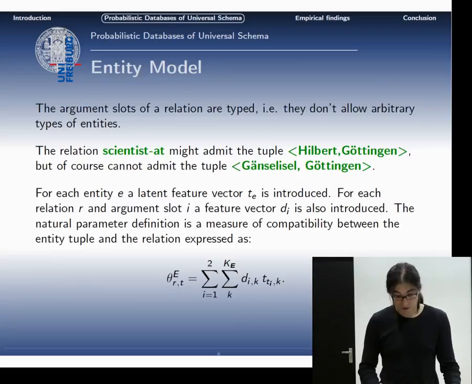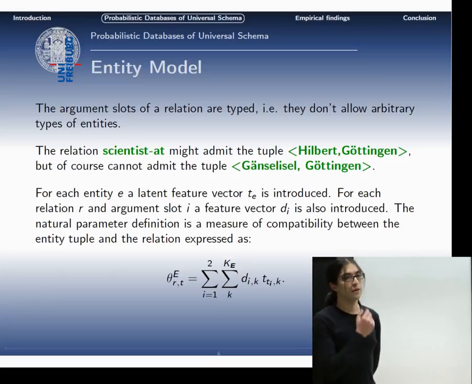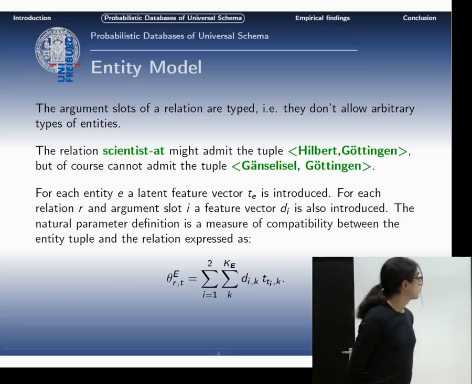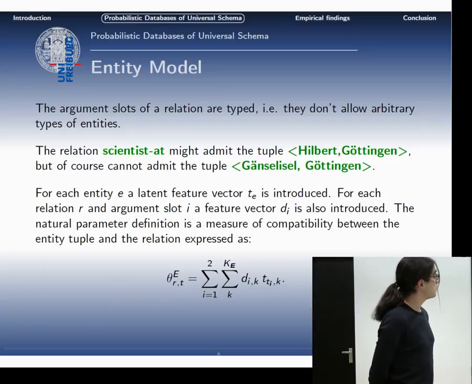And as a third definition of the theta parameter, we have this. If we observe the relations that are contained in our knowledge base, we will see that they have two arguments in this case, and that they cannot admit any kind of entities in both argument slots. The example here, I think, is quite clear.